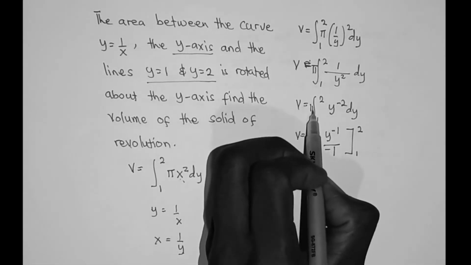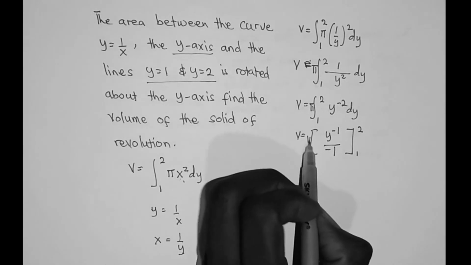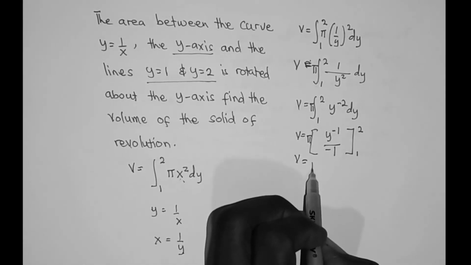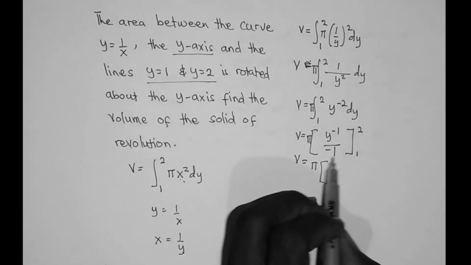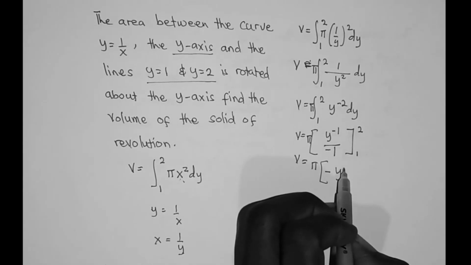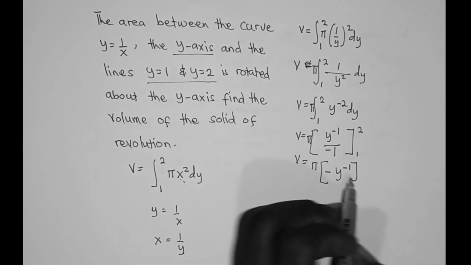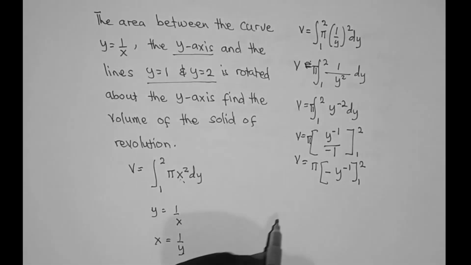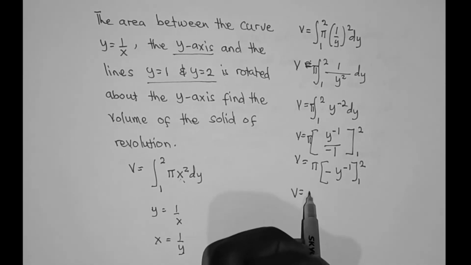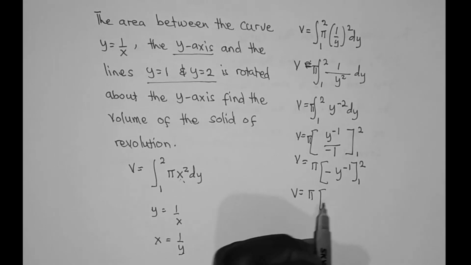However, there is pi here. So the volume of the solid generated is pi times, now divided by minus 1 becomes minus y exponent minus 1, evaluated at 1 and 2. I can still write this as the volume generated equals pi into brackets.